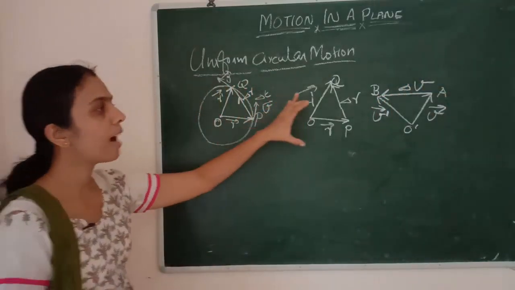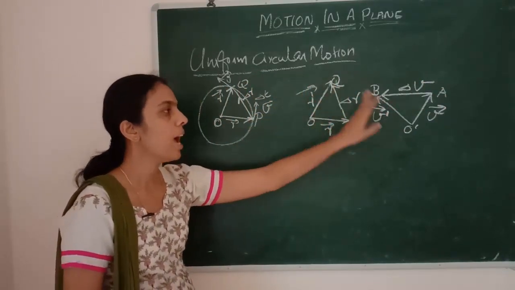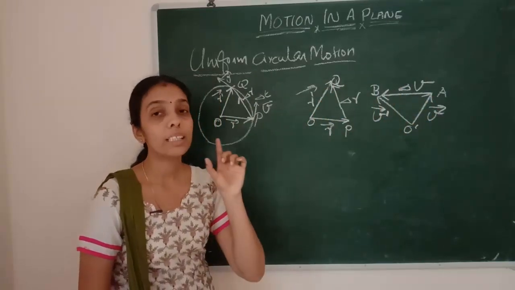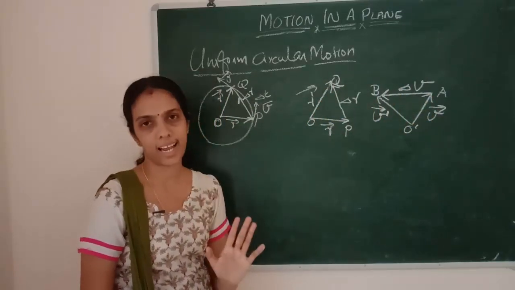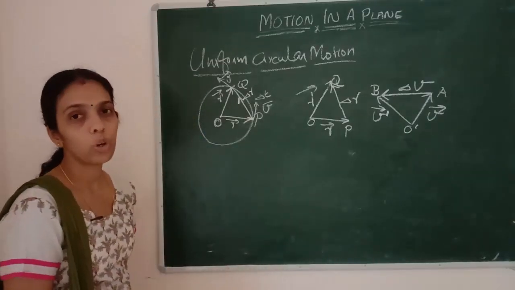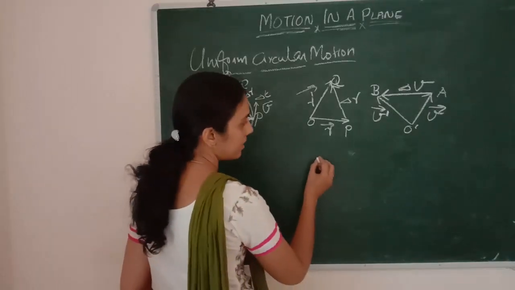Okay, now we have two triangles here. The first one is OPQ and the second one is O-A-B. These two are similar triangles. Using similar triangles, we know the ratio of the sides will be equal. So how can we write this?